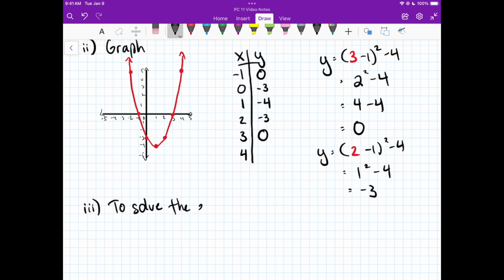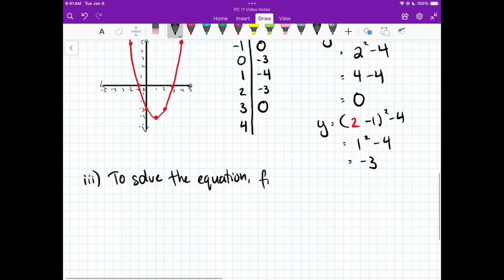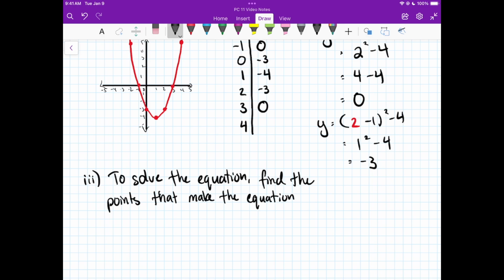So to solve the equation, we're going to find the points that make the equation true. But thankfully, that's really easy to do.